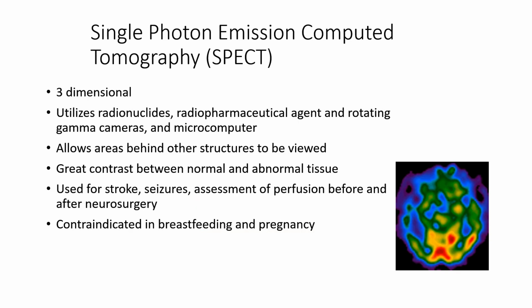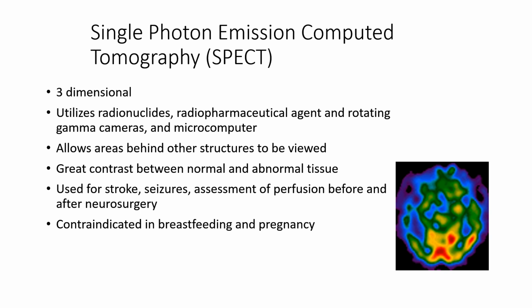Okay, now we're going to talk about SPECT scans. These are three-dimensional scans where they have cameras that sort of spin around above the patient. It also utilizes radionuclides and a microcomputer to get these images. It allows areas behind other structures to be viewed.